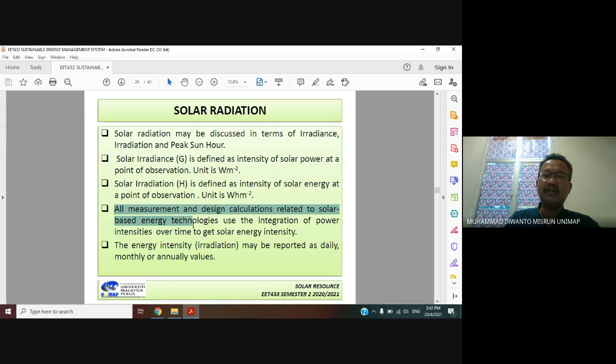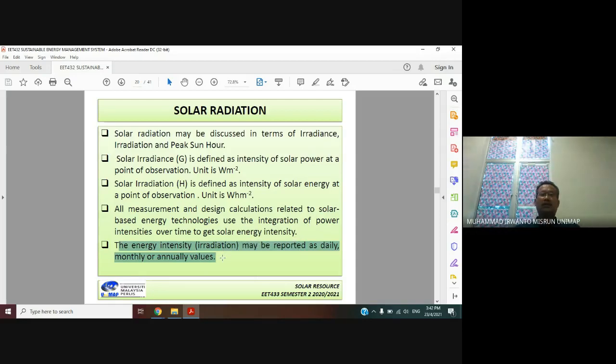All measurement and design calculation related to solar energy technology use the integration of power intensities over time to get solar energy intensity. The energy intensity or irradiation may be reported as daily, monthly, or annually values.